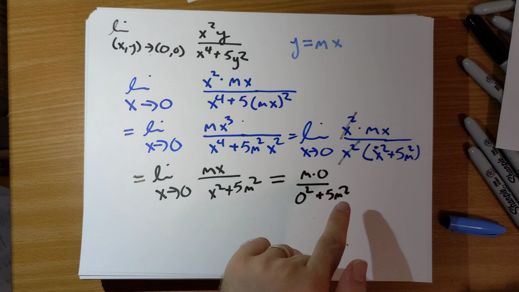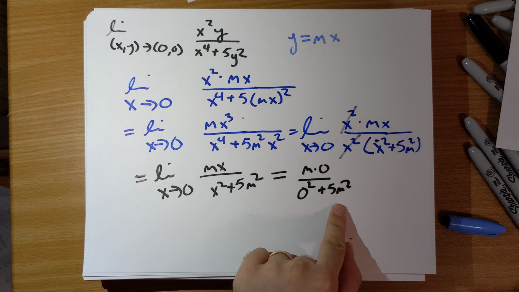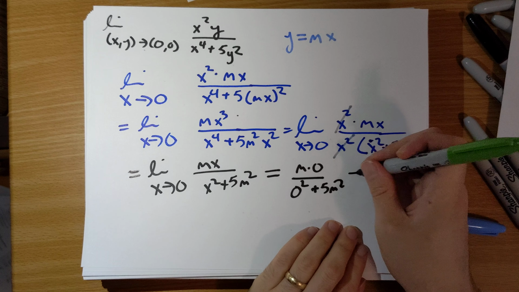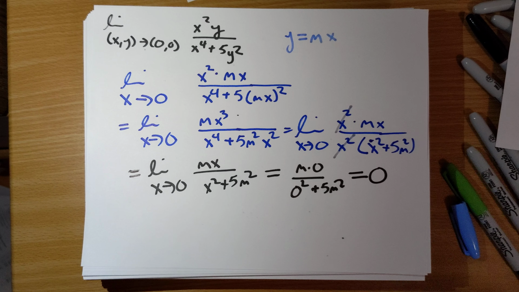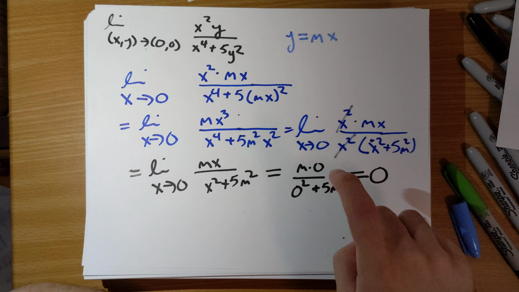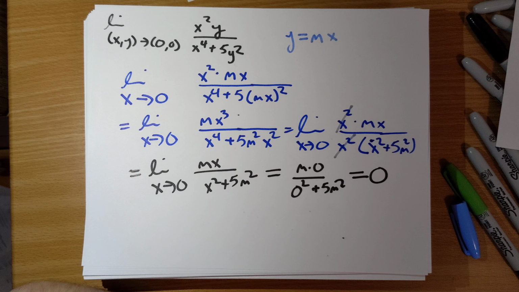And this is 0 over something that's not 0. 5m squared, m is not 0, so the denominator is not 0. So this is not the indeterminate form. This is literally 0. So if you go to (0, 0) along any straight line path y is equal to mx, where m is not 0, the limit is going to be 0.